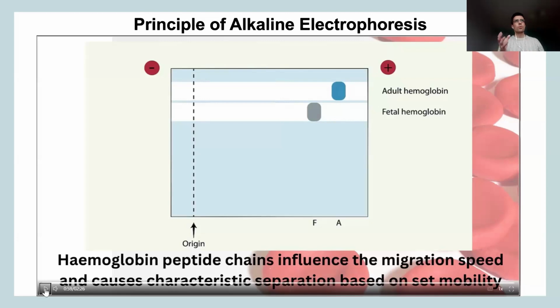Because if you're going to have changes in the peptides, and electrophoresis has been around for a really long time, almost a century since electrophoresis was first described in the literature as able to separate hemoglobins. You can see how it's going to produce consistent results because the electrophoretic mobility is going to be pretty much standardized if the whole protocol has been followed as it should, and the current is constant, depending on what protocol you'll be using.